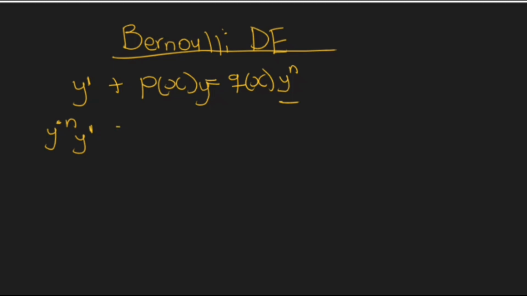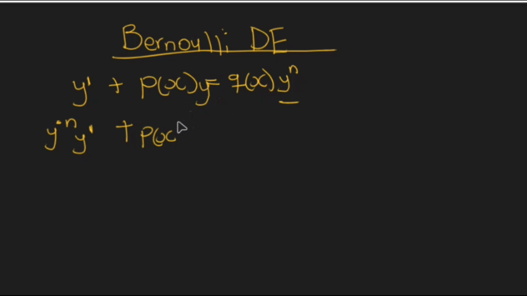Then you divide the other side too, then you get p of x, but this time you realize that you have y already here. So when y is over y to the power n, what do we do?